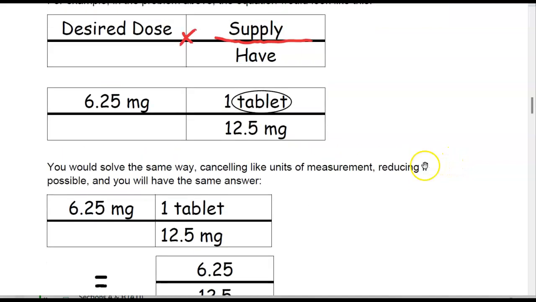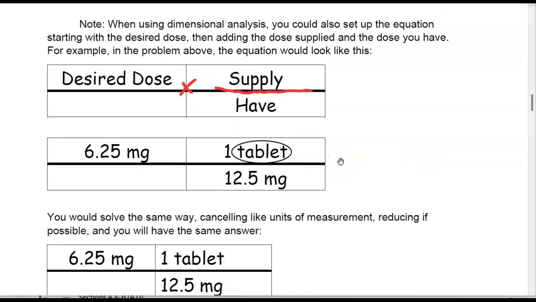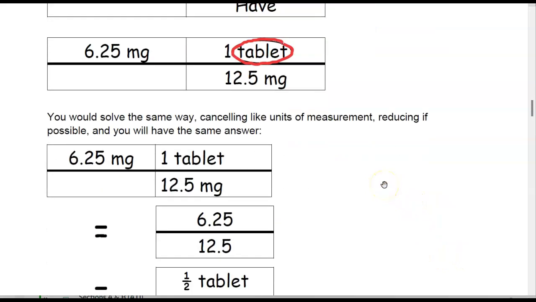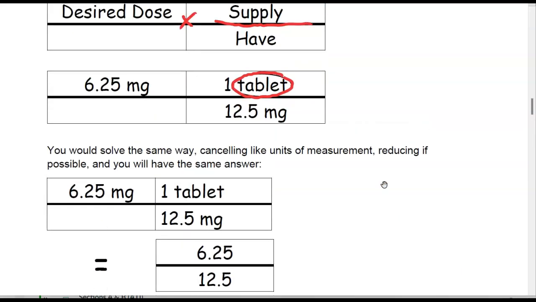As we have here, earlier we circled what we needed, so this ultimately is what we need. We cancel this out, so we're left with just a tablet. If we multiply 6.25 times 1, then we have 6.25 over 12.5, which is what we have over here.